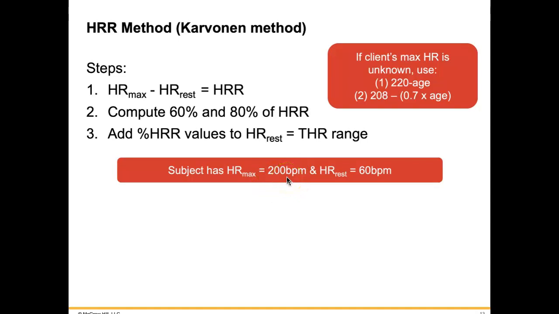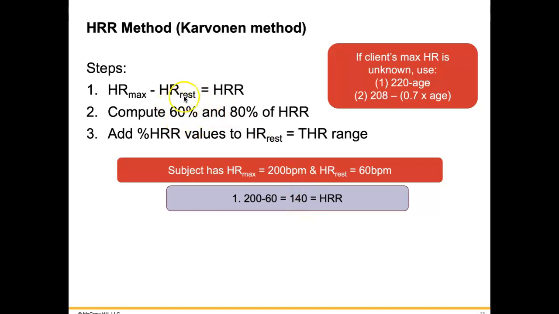So our first step is to take that max heart rate and subtract from it their resting heart rate. And now we know our heart rate reserve, which is 140 beats per minute. Our second step is to calculate the 60% and 80% of that heart rate reserve.